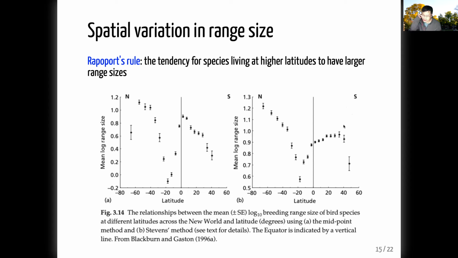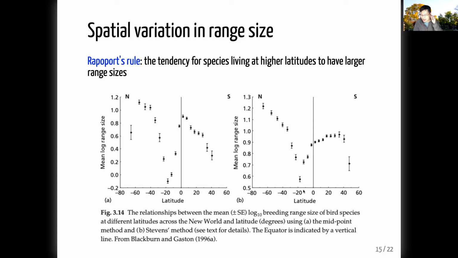So again, what causes this pattern? Well, one potential reason is that in the tropical area, competition among species is going to be stronger. Therefore, the species are going to have a narrow niche. This competition is so strong it forces them to be specialized, to have a small range size and a narrow niche.